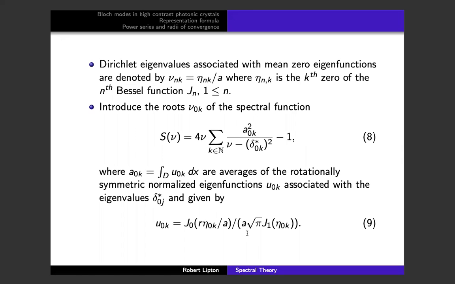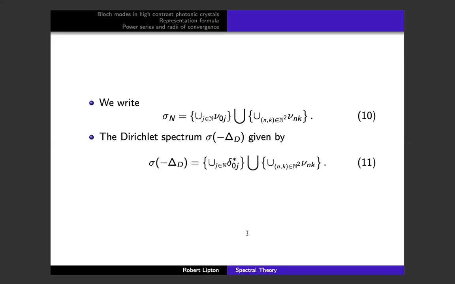Those will be the first bracket, the union of the nu 0j's. Then I union them with all the mean 0 Dirichlet eigenvalues. I write that as sigma n, and separately I write the Dirichlet spectrum as the mean non-zero eigenvalues, the first bracket, union all the mean 0 ones again, and that's equation 11.